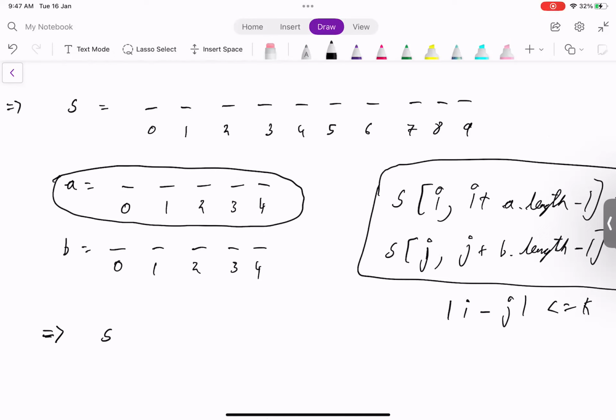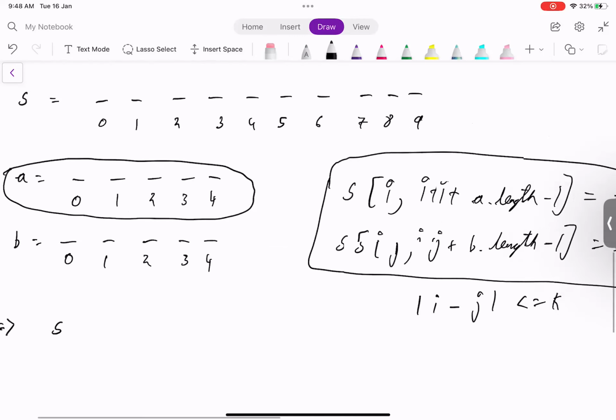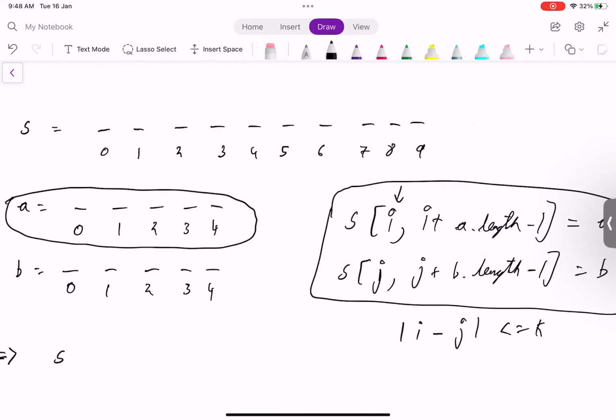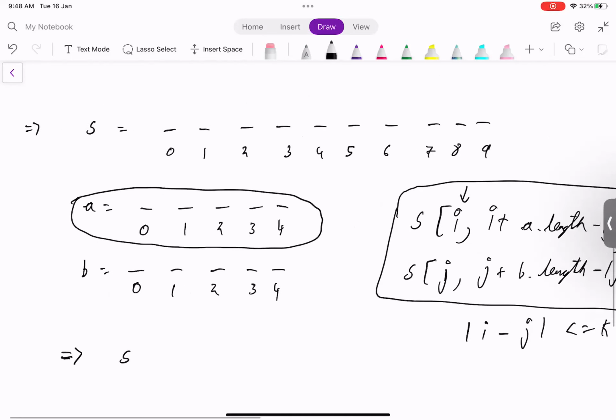So basically with those string algorithms, we can get the I value where the pattern matches. So let's say A is present as a substring over here, then for this one will be the I, right? Because that is the starting point.